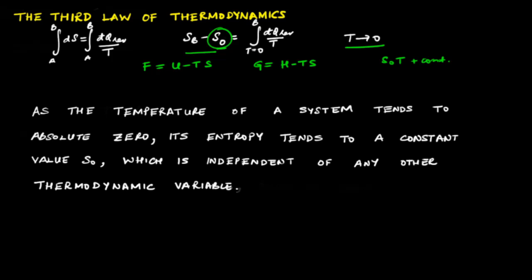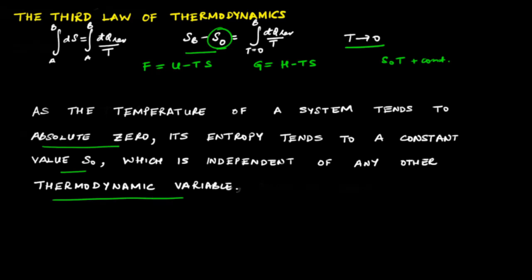So nature provides us with the simplest and mathematically most satisfying answer to this question, what is this constant S0, and that is the third law of thermodynamics, which we'll directly state as: as the temperature of a system tends to absolute 0, its entropy tends to a constant value S0, which is independent of any thermodynamic variable.